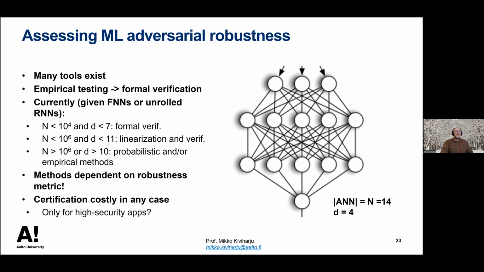But as an example of how you assess machine learning adversary robustness, there are tools already, from empirical testing to formal verification. There are already some estimates on the size of the artificial neural networks that can be handled. These numbers are for feed-forward networks or unrolled recurrent networks, covering the total number of nodes or the depth of the network, including the input and output layer.